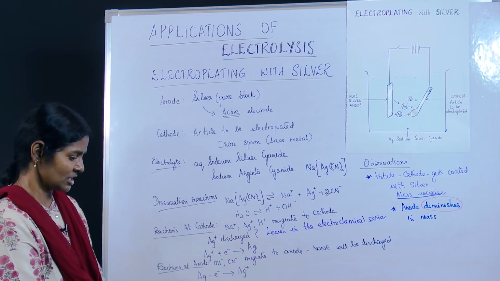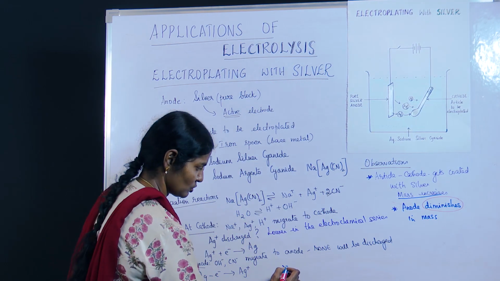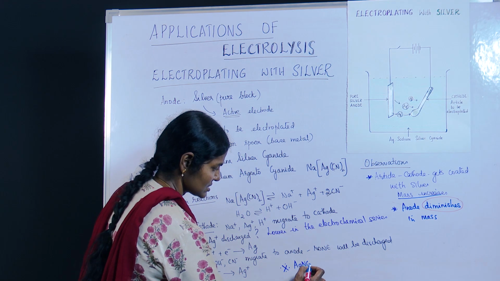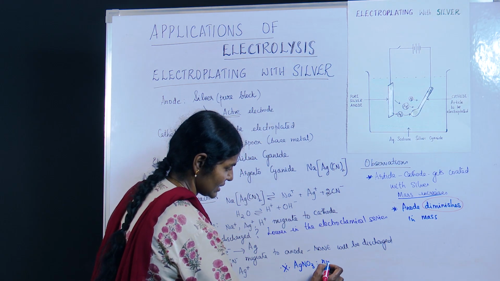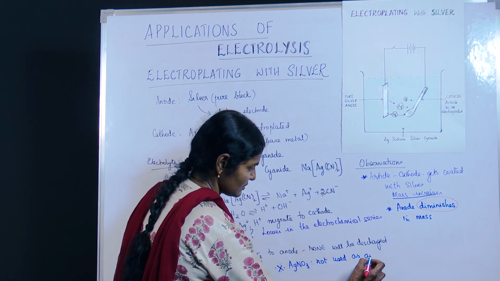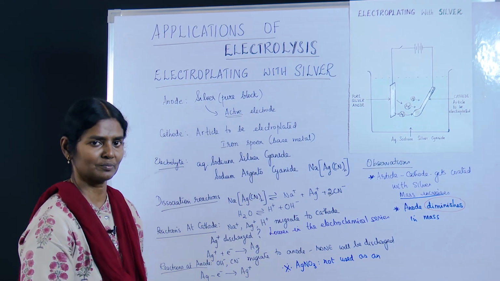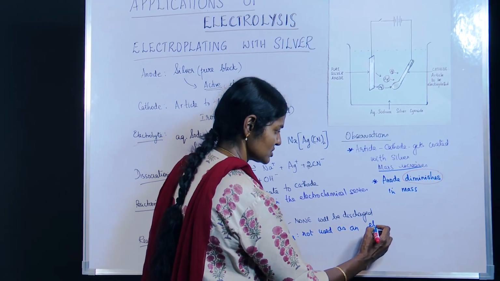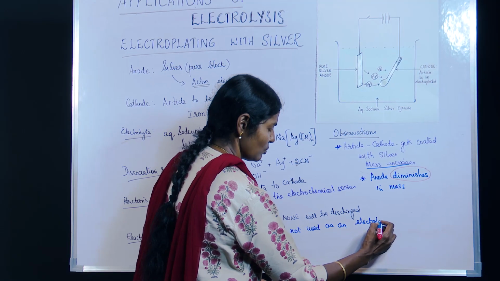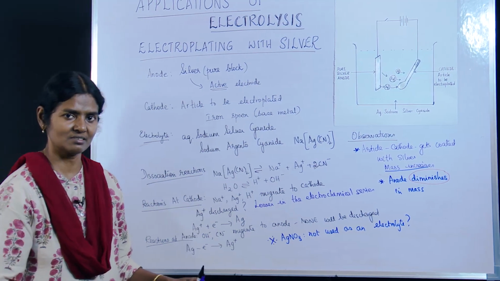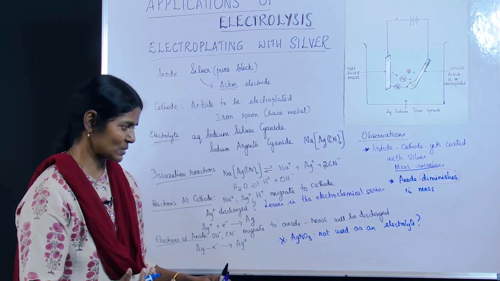One important thing that we need to make a note of is silver nitrate is not used as an electrolyte. See, silver nitrate is very easily available and it's highly soluble in water too, but it's not used as an electrolyte. Why? Because sometimes some of the things may look very nice, but they are not always good, okay.